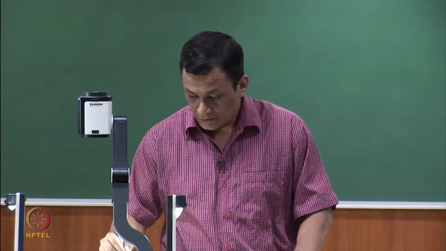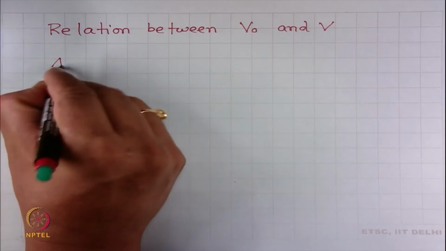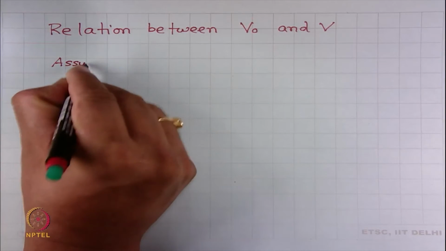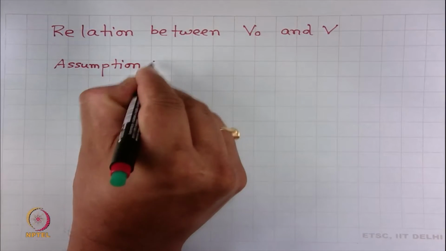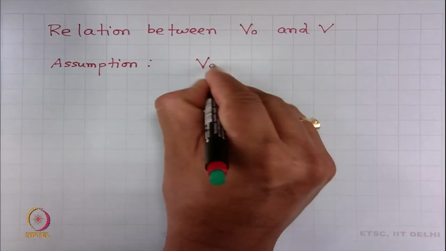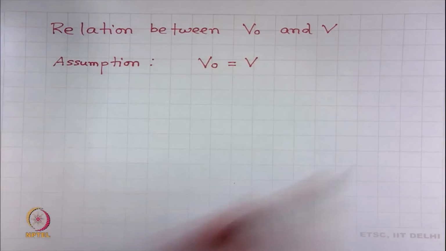So, our assumption is V naught is equal to V, right. So, what is now V naught?